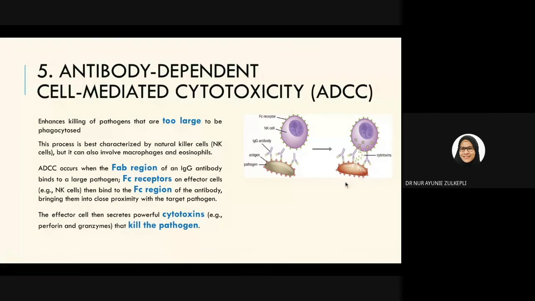And upon close proximity or close contact of the NK cells and the antibody, it will initiate the NK cell to release the cytotoxins, for example, the perforin or the granzyme on the surface of the pathogens, that later on will create a pore that induces the cell to enter the cell death program or apoptosis and eventually kill the pathogens. That is the antibody-dependent cell-mediated cytotoxicity. Okay, so this is the last slide on how the antibody works.